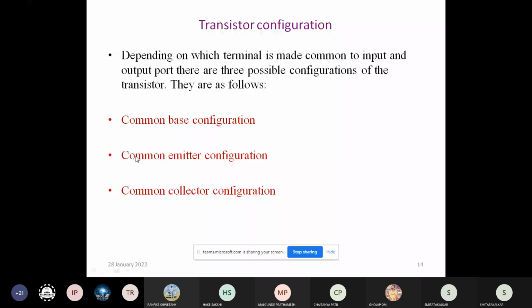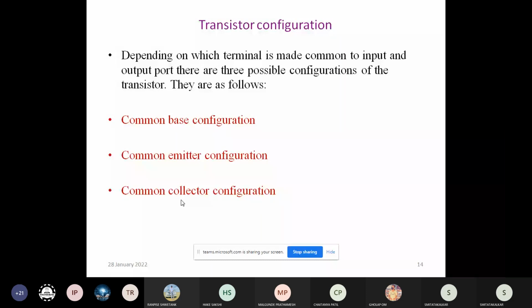And the last one, the third configuration, is the common collector configuration. In a common collector configuration, the collector terminal is the common terminal, the input is connected to the base terminal and the output is taken at the emitter terminal.